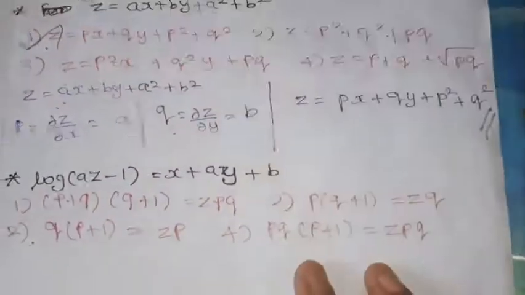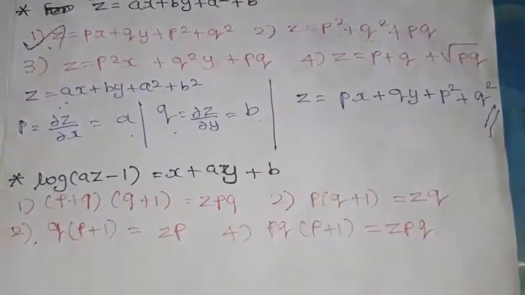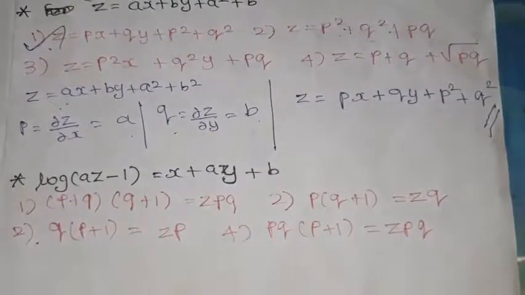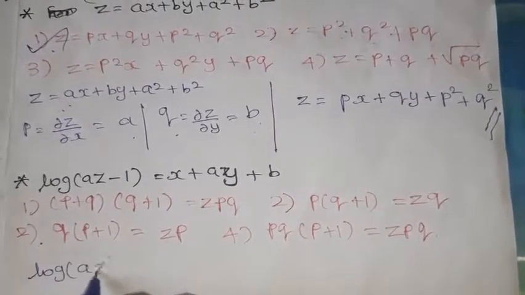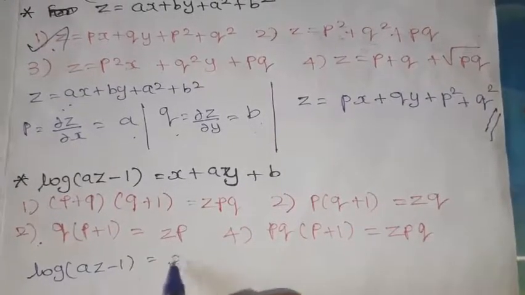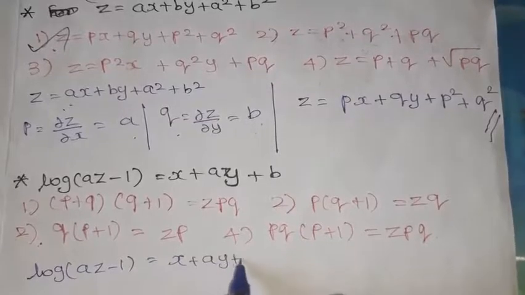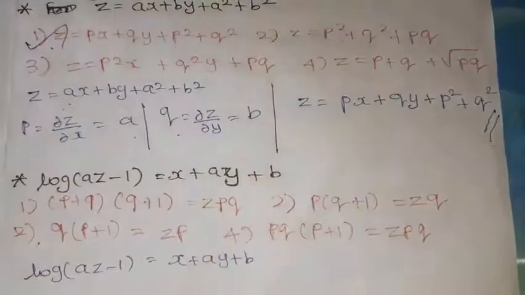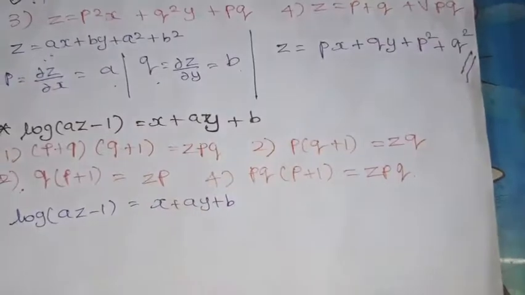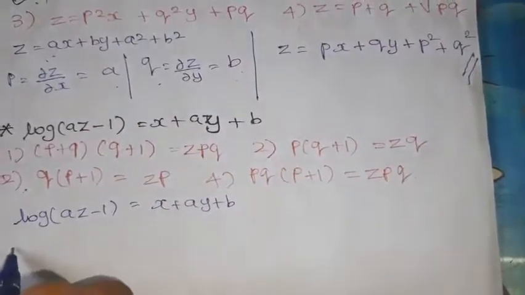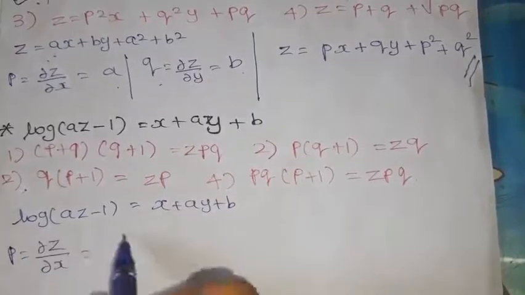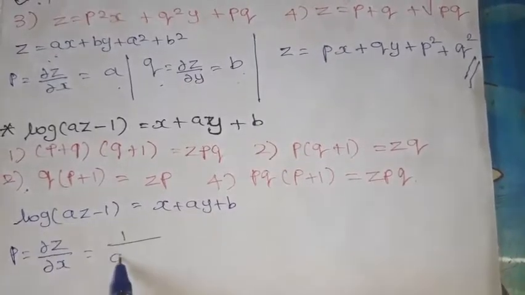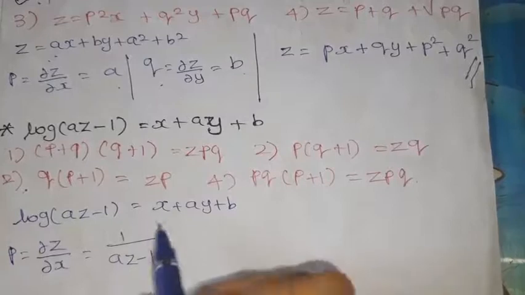What is that? Log of (az minus 1) equal to x plus ay plus b. What is given? Logarithmic of (az minus 1) equal to x plus ay plus b. So now what we need to do? Differentiating partially with respect to x. So dou z by dou x, by differentiating log, is nothing but 1 by (az minus 1).